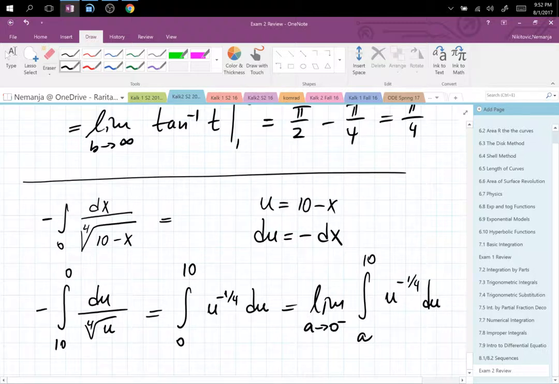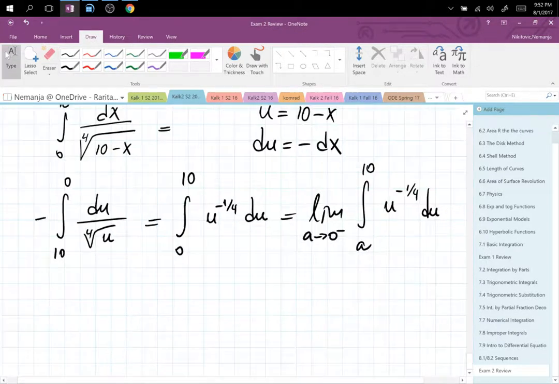So what I did first is I did u-sub, and after that I implemented the improper integral. Or you can implement the improper integral first, but then you would have to drag a formula for a, which is not fun.